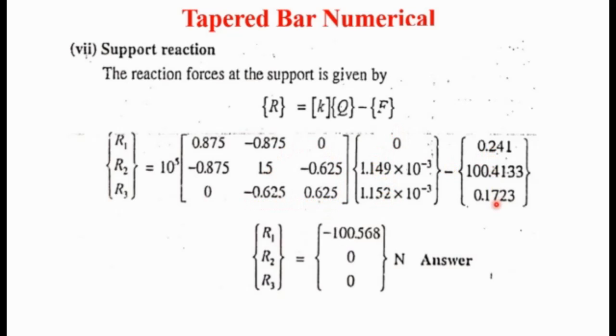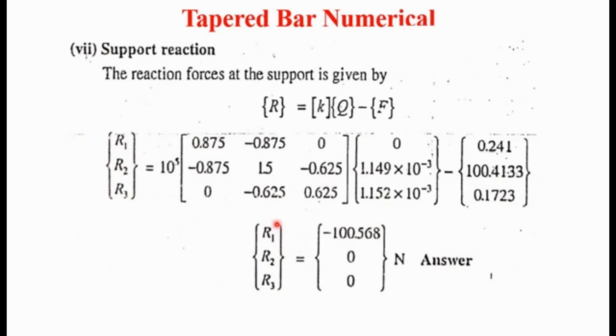Then by solving these three equations we can calculate R1, R2 and R3. The reaction at 2 and the reaction at 3 is 0 because they are free ends, and at node 1 this bar is fixed, so a reaction will be there.